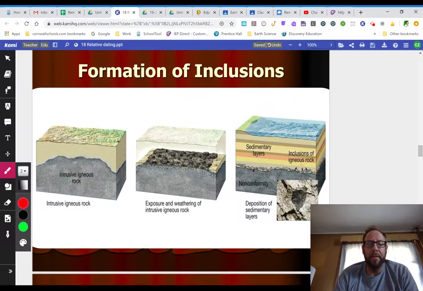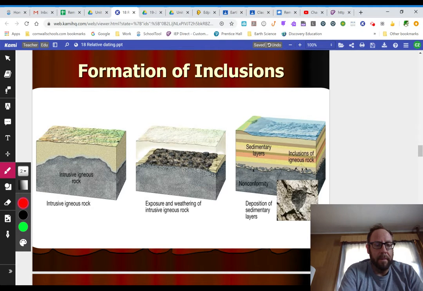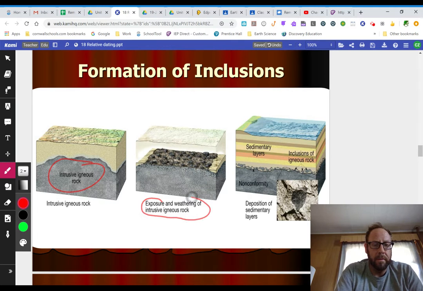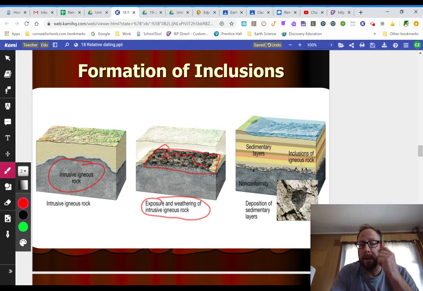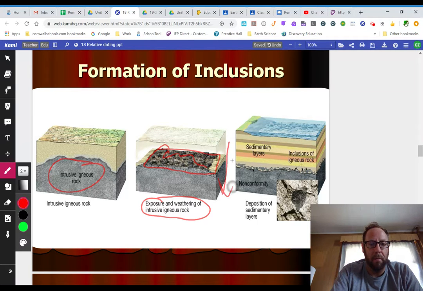Here's an inclusion formation. We have igneous rock right here. It had exposure to the weather, so it was weathered and eroded. What was left on top was this loose igneous rock. Then for some reason, because it went back underwater, we call it subsidence, this whole thing went back underwater. You see water up here.